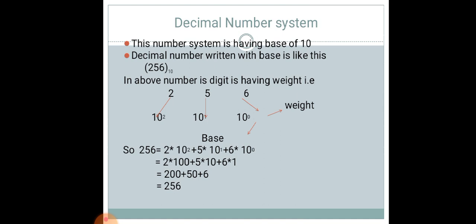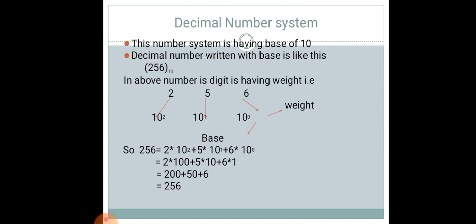So all digits are multiplied with their weights, and finally we take the addition. 10 raised to 2 means 100, 10 raised to 1 means 10, and 10 raised to 0 means 1. So we have 2 into 100 plus 5 into 10 plus 6 into 1, so 200 plus 50 plus 6. So finally we get 256.